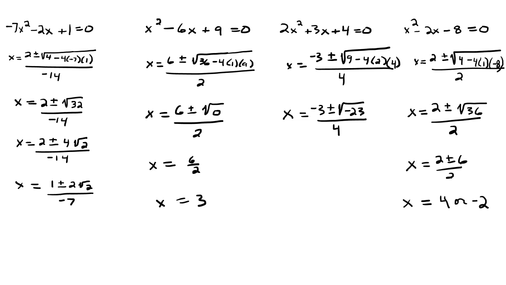Okay, here I have 4 separate quadratic equations that I've solved all by using the quadratic formula. The first one, you can see by the final answer that I get 2 solutions, and because I have this radical, I know that they are irrational.